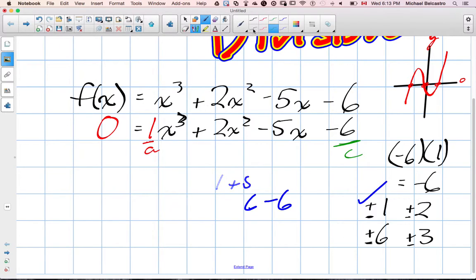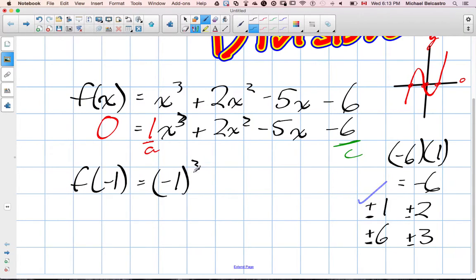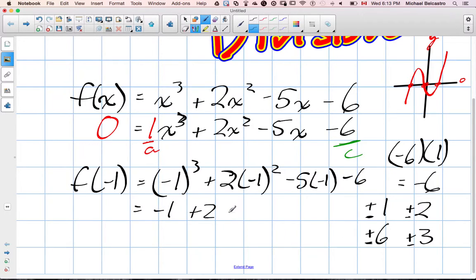So if I put in -1 here, we get -1 cubed plus 2 times -1 squared minus 5 times -1 minus 6. So -1 plus 2 plus 5 minus 6, and we end up at the value of 0.